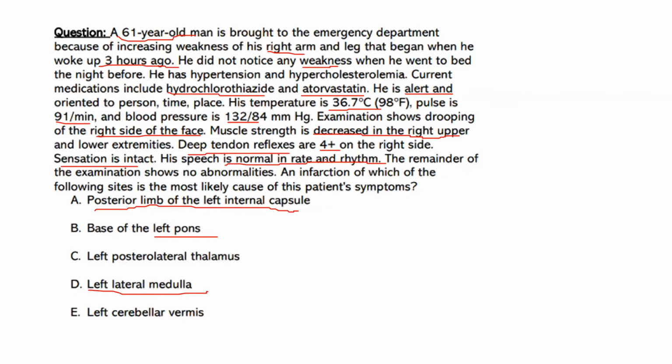But the point is, because it's a pure motor deficit completely on one side of the body, that is a giveaway that it's going to be the posterior limb of the left internal capsule, right? Because it's on the right side, so it's on the left internal capsule.